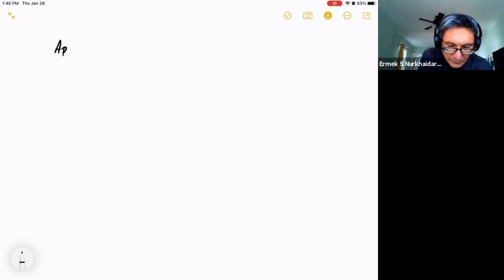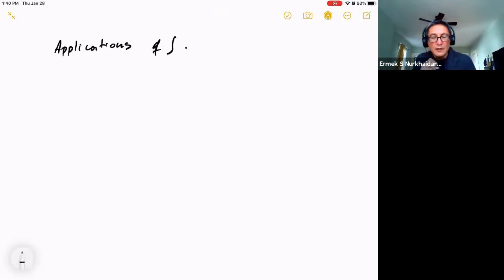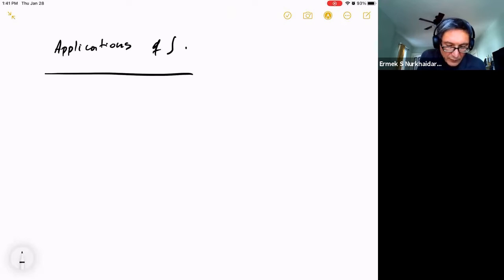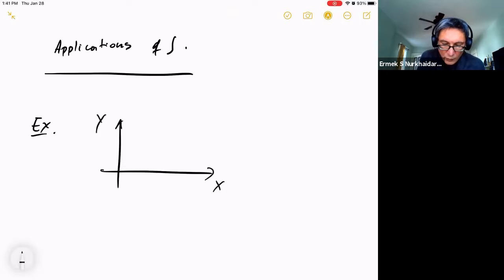Applications of integrals. So you already know one application, which is if we need to find, say we have the XY plane.